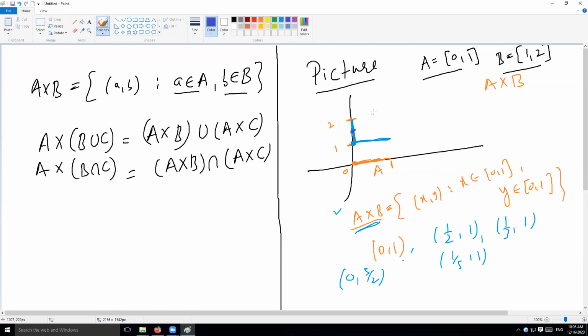So in fact, what I would like to tell you, this line is going to be included in the set, and this line is going to be included in the set. And not only this, but all the points inside are part of this A cross B actually. So A cross B is really a rectangle.